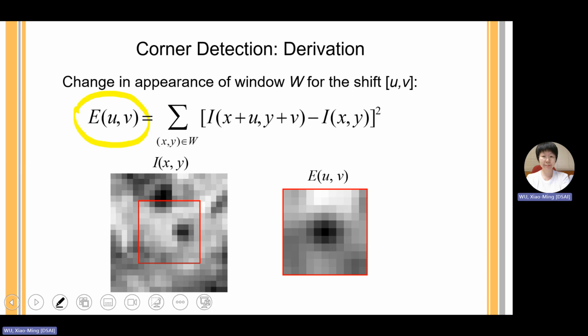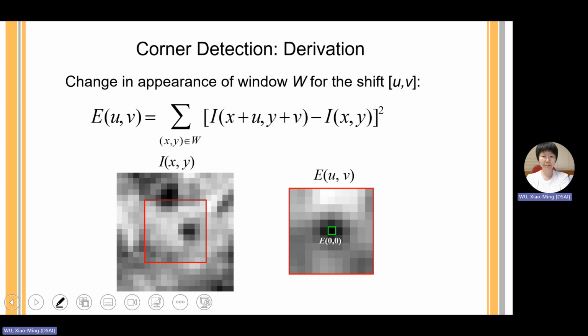We want to quantify the changes of image content along any direction, where the direction is represented by U and V, because it's two-dimensional. We can move this window along any UV direction.